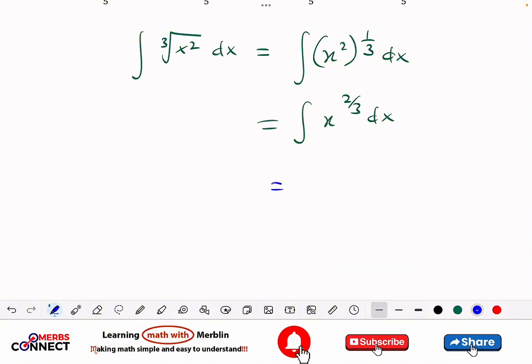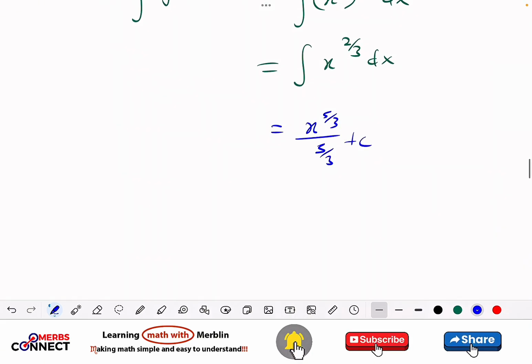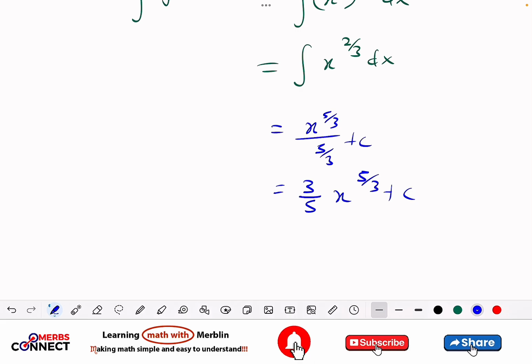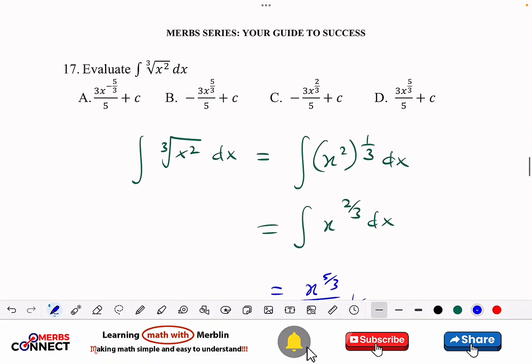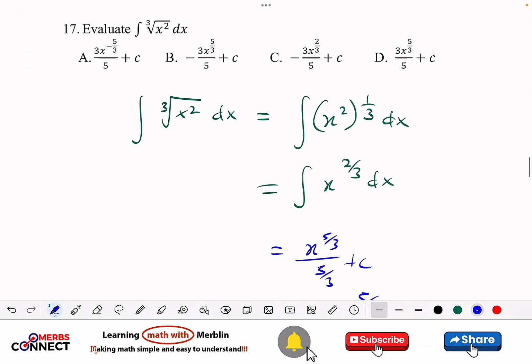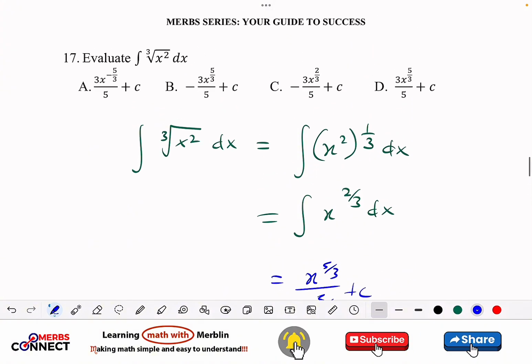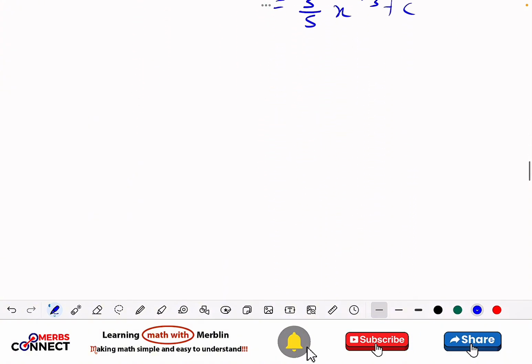So this is going to give us x to the power 5 on 3 divided by 5 on 3 plus c. And this is the same as 3 divided by 5 times x to the power 5 over 3 plus c. So this is what I'm going to get at the end of the day, which is going to give us something like d right here.